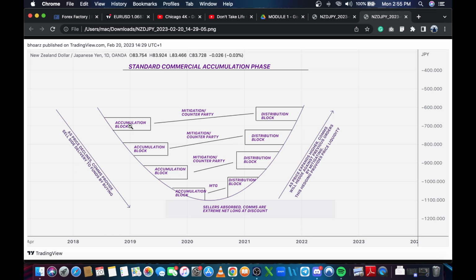Those banks are large speculators. They have tons of liquidity and tons of volume in price. So they are trend following by nature. They follow trends because that is the safest way to trade.